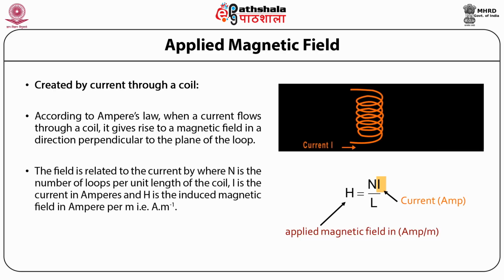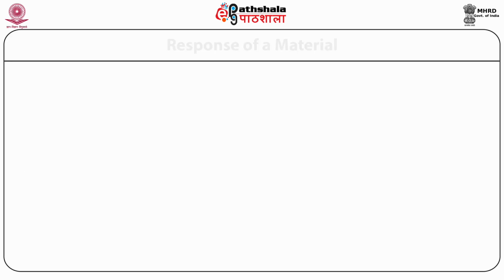The field is related to the current by the equation H is equal to Ni by L, where L is the length of each turn.